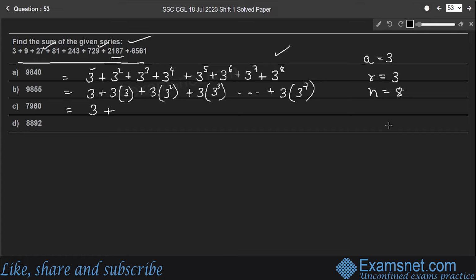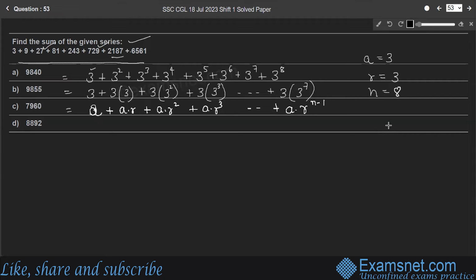So we can write the given series as 3 into R. So in place of 3, can I write A here? Yes, A is the first term plus A into R plus A into R square plus A into R cube. So up to A into R raised to, since there are 8 terms, so R raised to 7 means R raised to n minus 1. Right?